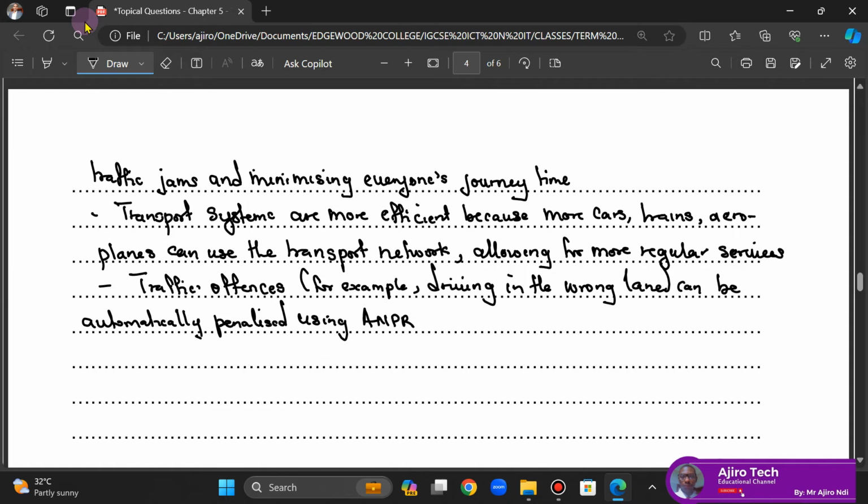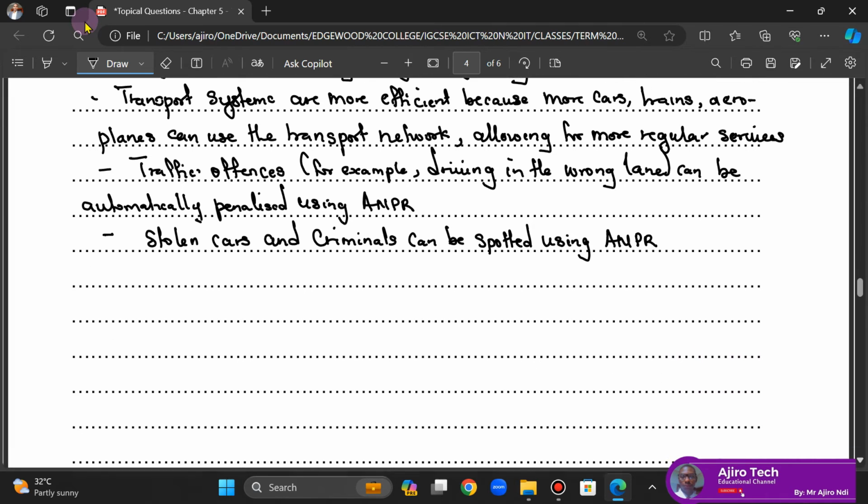So if you drive in the wrong lane, because of the ANPR, we can detect you, and a ticket will be given to you for driving in the wrong lane. The next one is stolen cars and criminals can be spotted using ANPR.